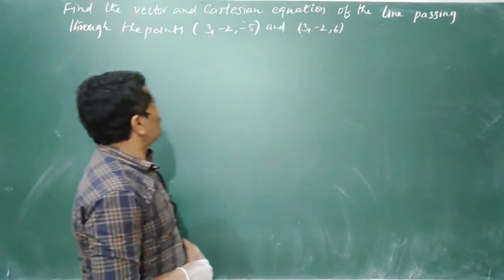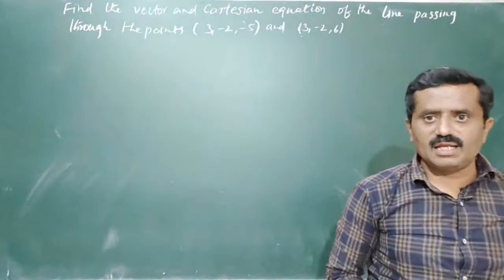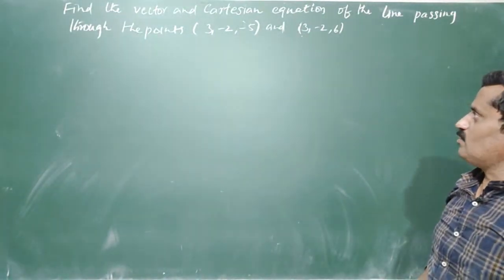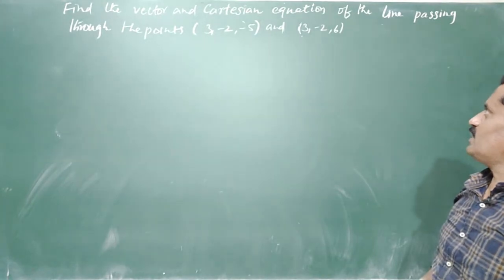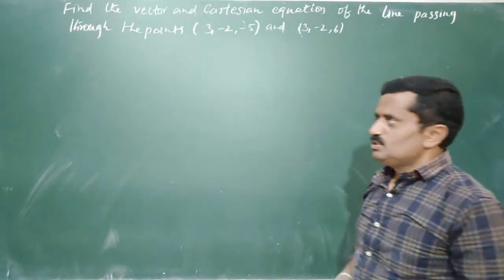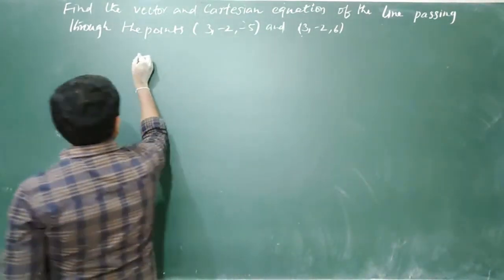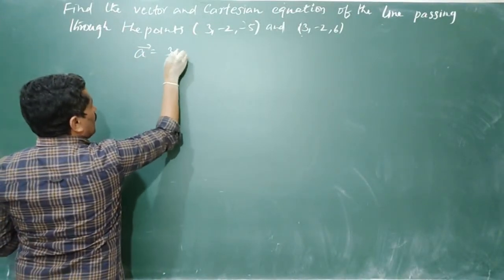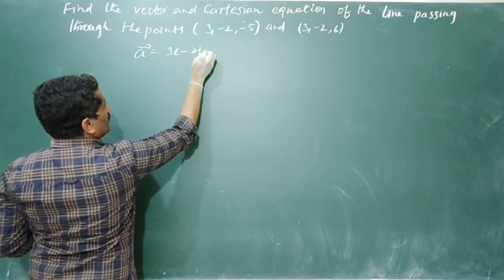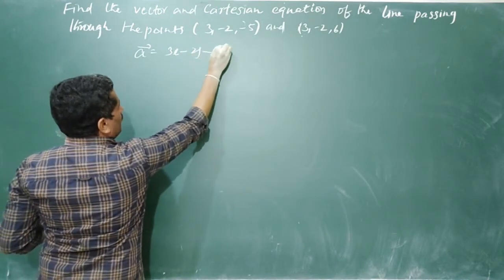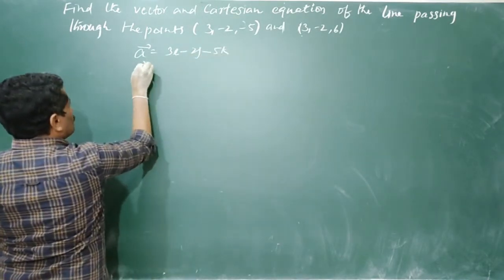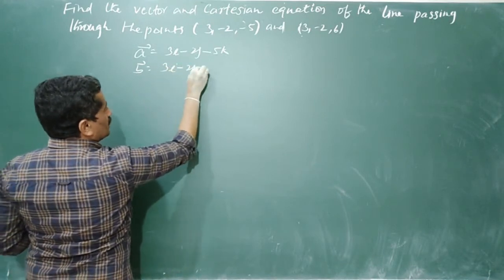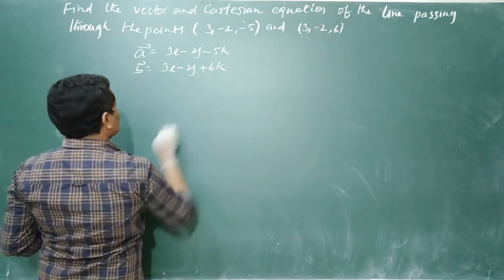Next, find the vector and Cartesian equation of the line passing through the points 3, minus 2, minus 5 and 3, minus 2, 6. So here given a bar is equal to 3i minus 2j minus 5k, b bar is equal to 3i minus 2j plus 6k.